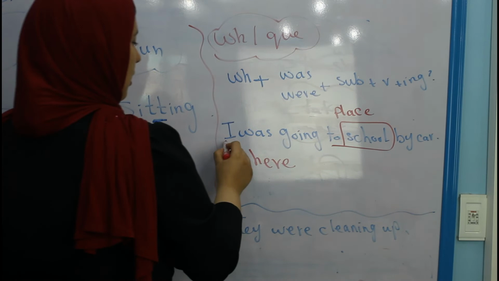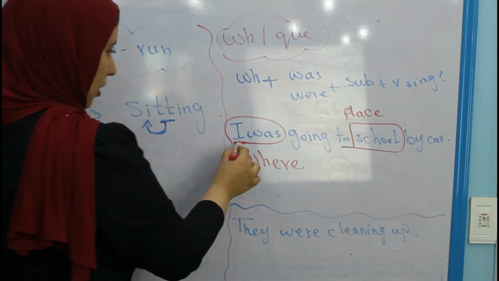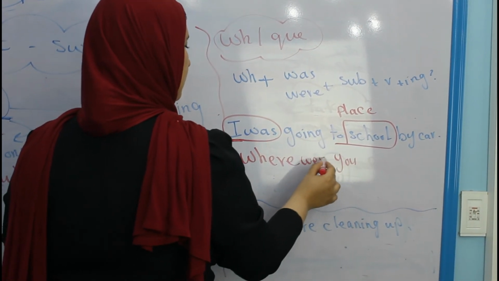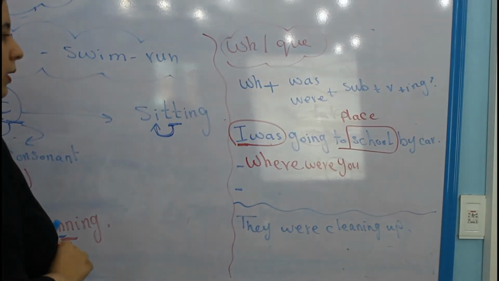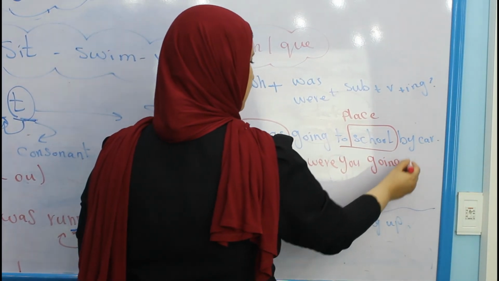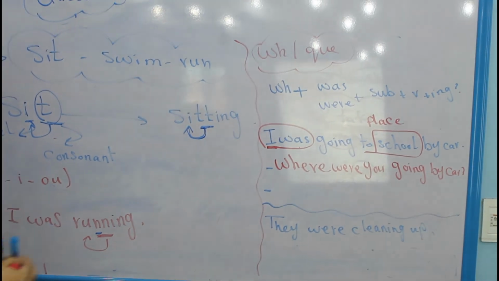Here we have I was. I turns into you, and you takes were. I was turns into where were you. Where were you going? By car.